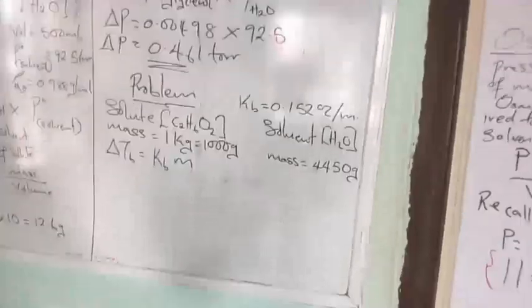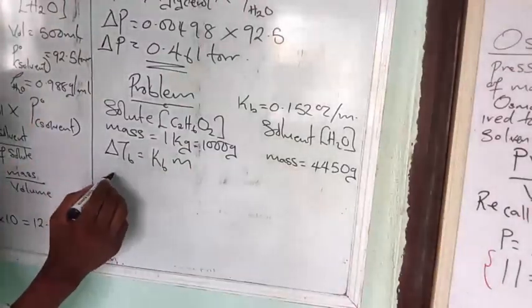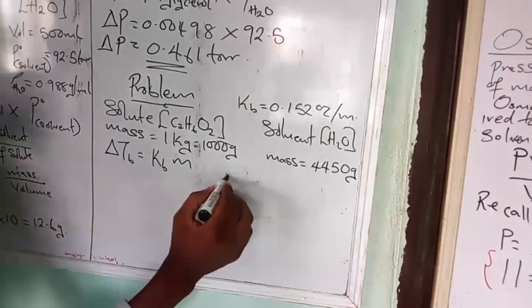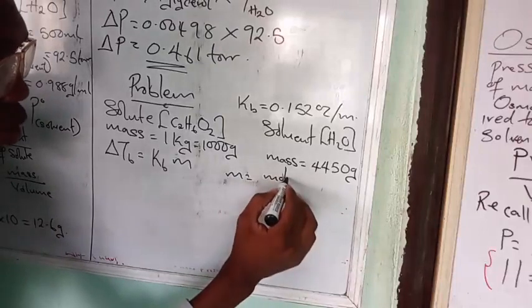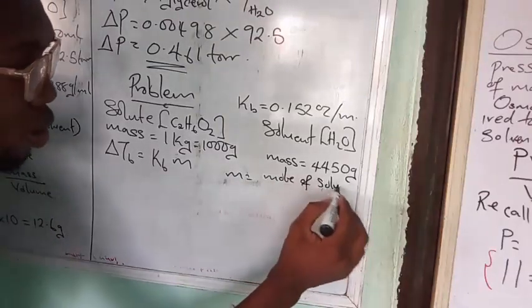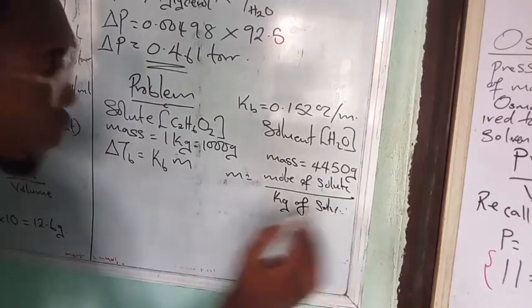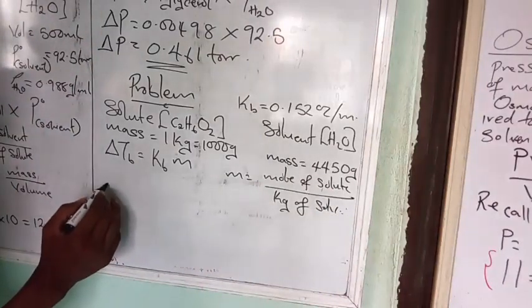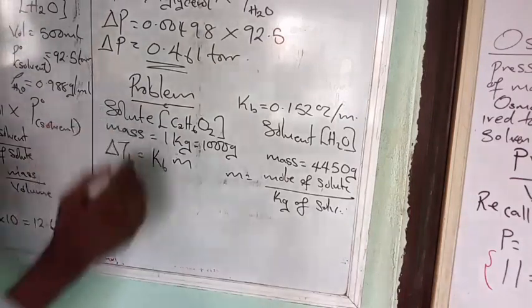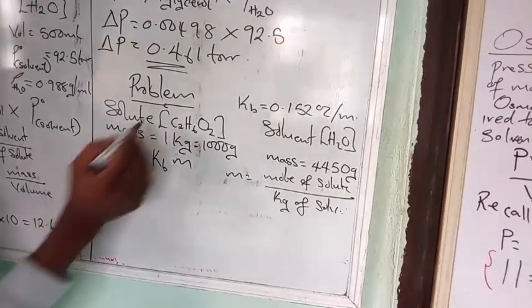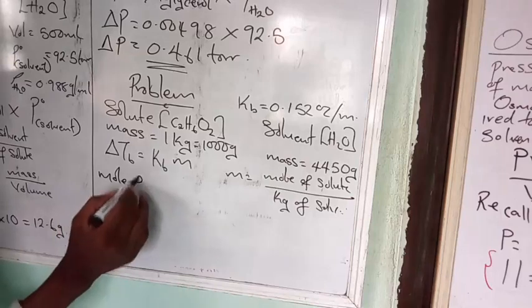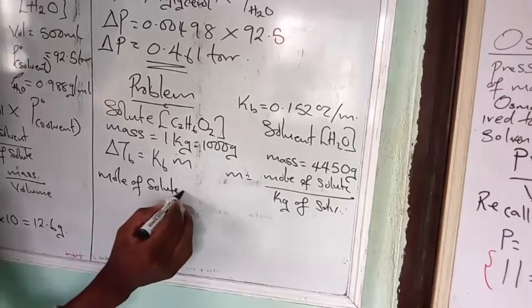So let's look for our molality. Remember, molality is equal to moles of solute over kilograms of solvent. How do we get our moles of solute? The number of moles of solute is mass over molar mass.